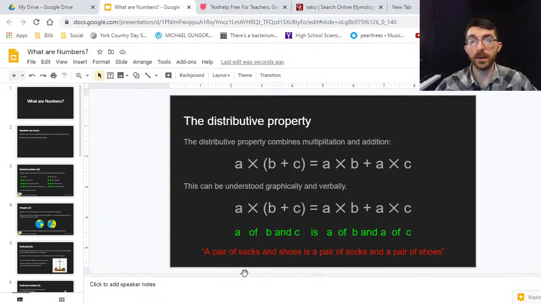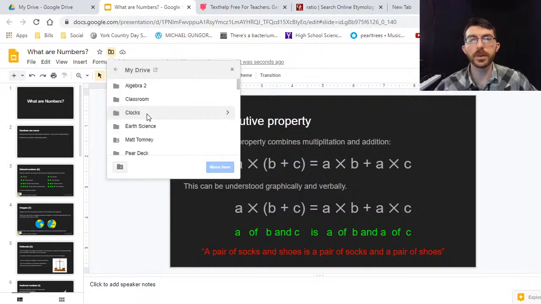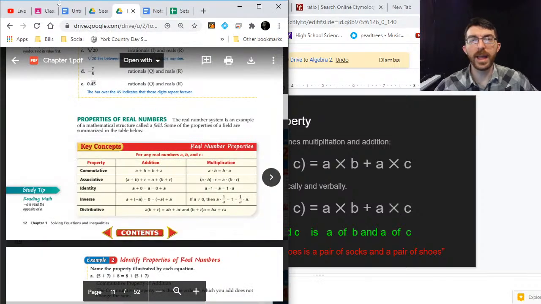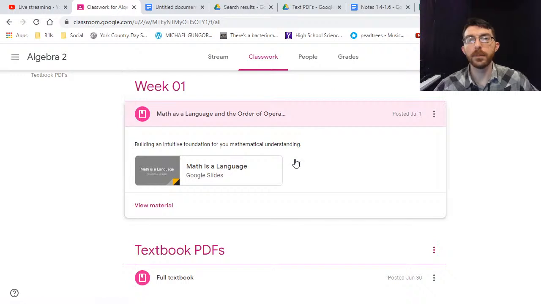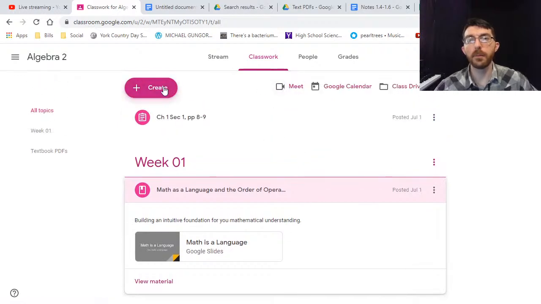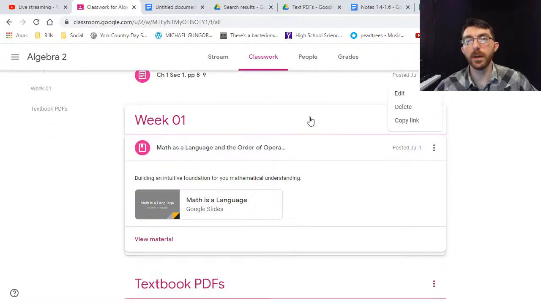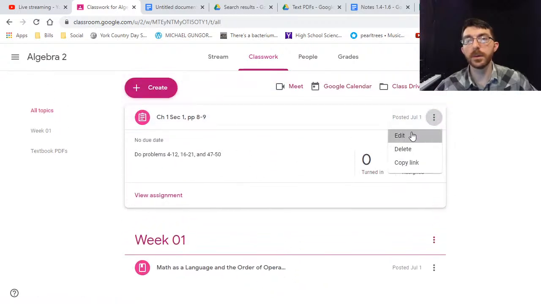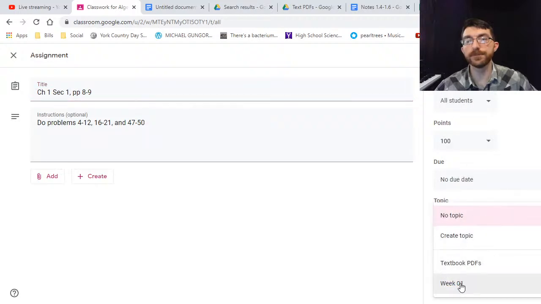But I tell you what, I will see this through. I'm going to post this in the classroom. Let me put this in the Algebra 2 folder, and go to the one where I have the classroom. Oops, that's supposed to be in the topic of week 1.